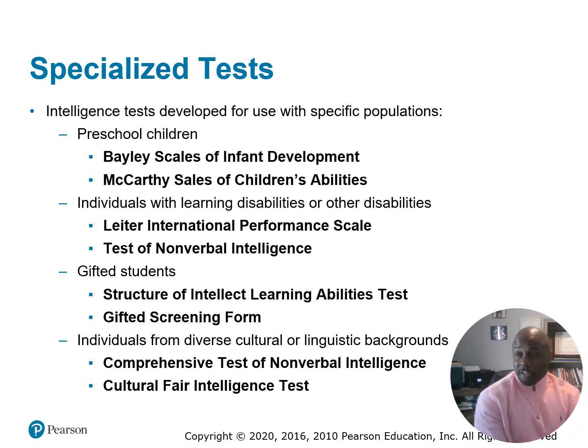You have individuals with learning disabilities or other learning disabilities. You have the Leiter International Performance Scale, or a Test of Nonverbal Intelligence. For gifted students, you have the Structure of Intellect Learning Abilities Test and gifted screening forms. And for individuals from diverse cultural or linguistic backgrounds, you have the Comprehensive Test of Nonverbal Intelligence and the Culture Fair Intelligence Test.